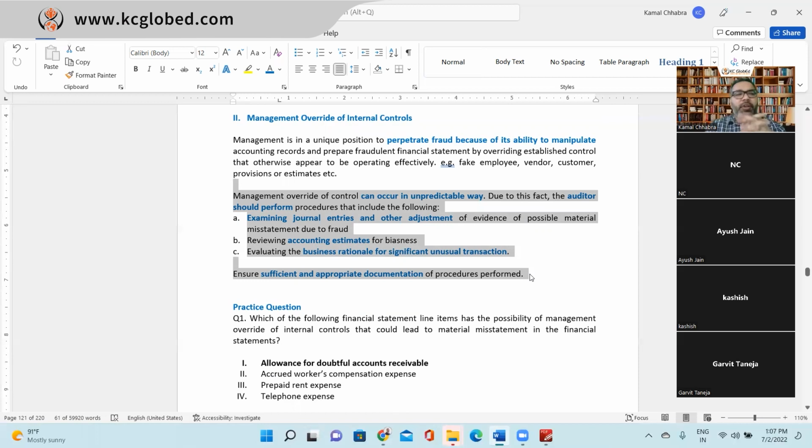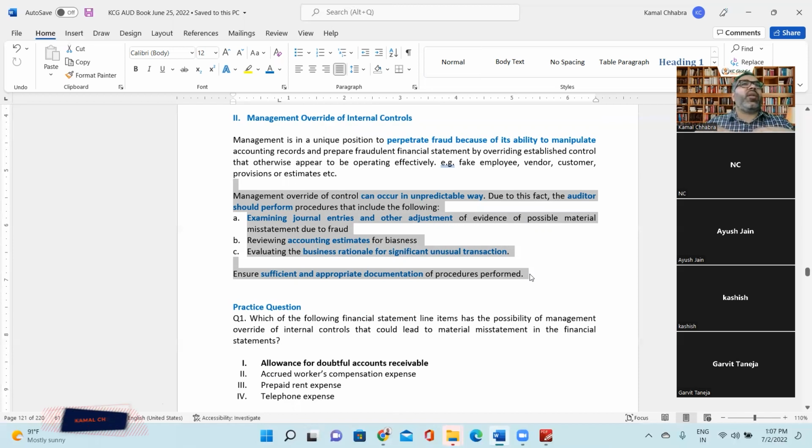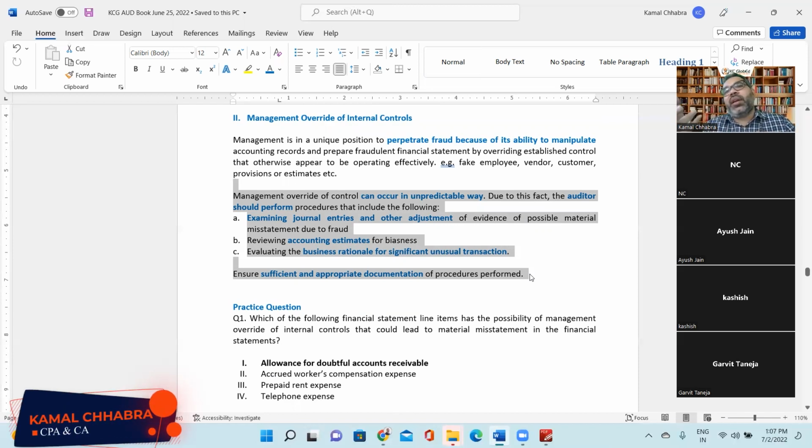They will fudge the documents, the supporting, the invoices, the POs and everything, because management are smart people. They are not small employees who do not know things. They know each and everything. They also understand what can come under the audit radar. So they know, right?